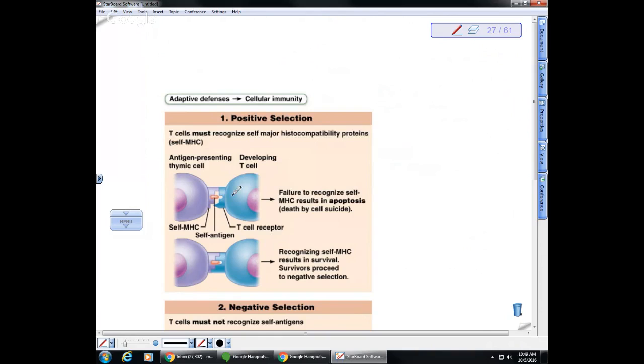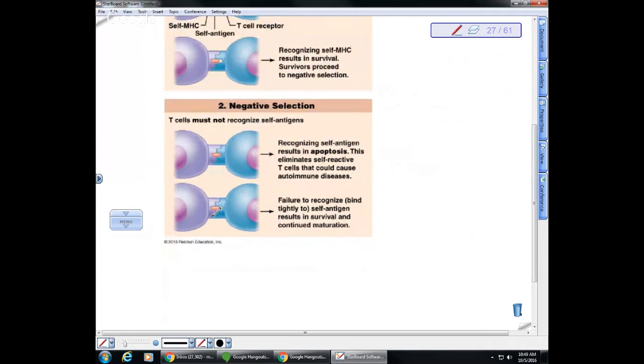So this T cell, and we all produce T cells like this one, has to die. That's actually positive selection, right? Because the ones that can recognize it are the ones that survive. Secondly, if it recognizes a self-antigen and would actually attack it, then that is the one that has to die.